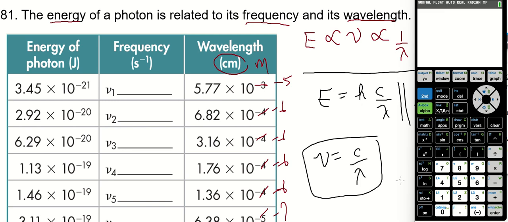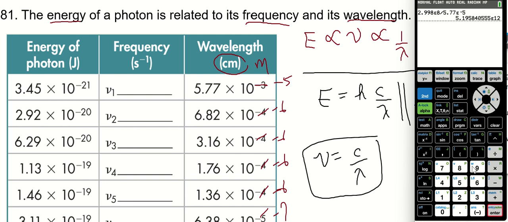All right, got my calculator out here. So speed of light is 2.998 times 10 to the 8 divided by the wavelength, 5.77 times 10 to the -5. Got to use the meters one here. I guess I could have converted speed of light into centimeters per second, but I want to use meters. All right, so there we go.